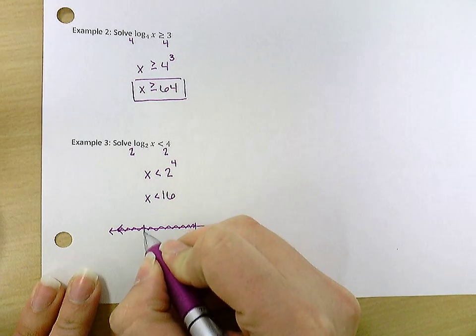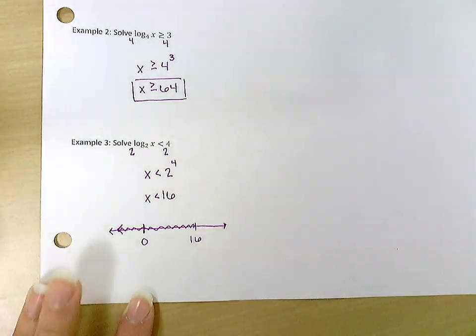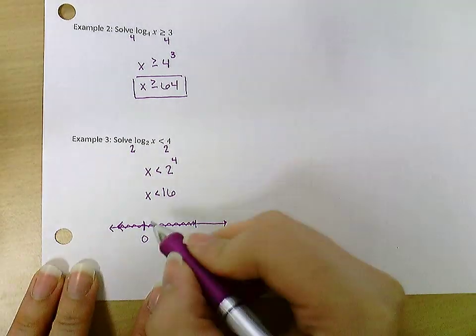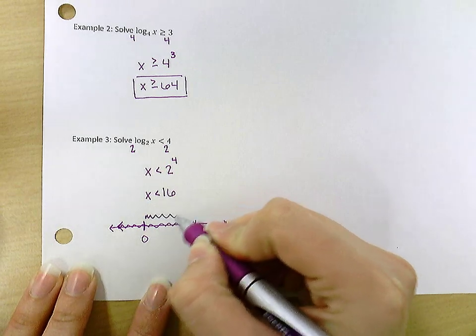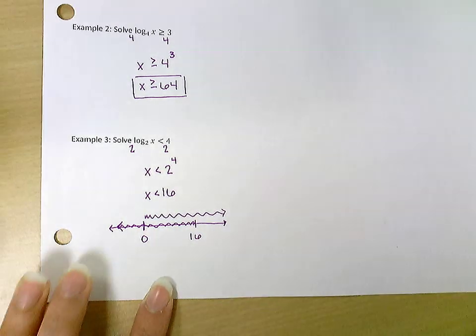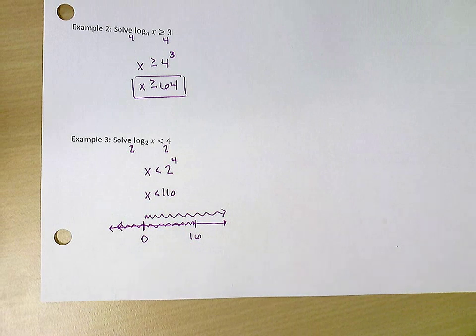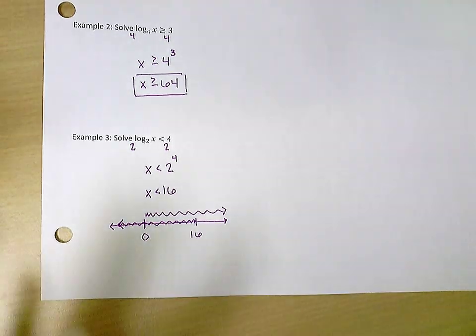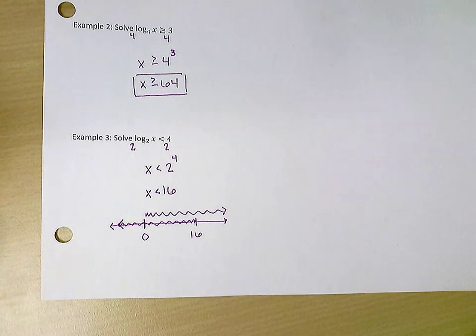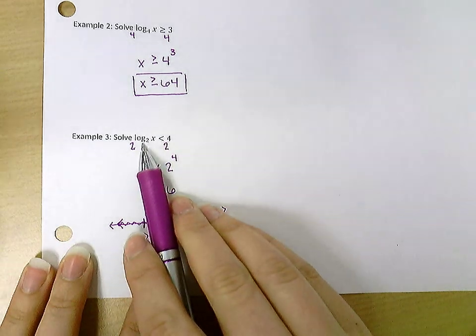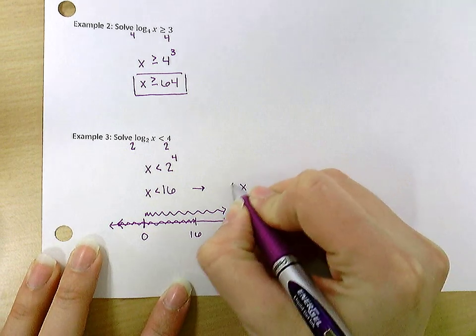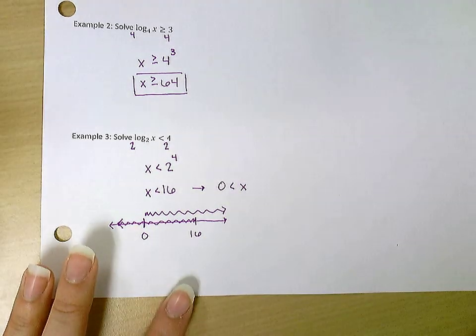Well, my domain for a logarithm has to be greater than 0, so I need all the values greater than 0. So I'm going to have a cutoff for my domain. If you ever see that x is less than something, when you're starting off with a logarithm, you need to make sure that x is also greater than 0.